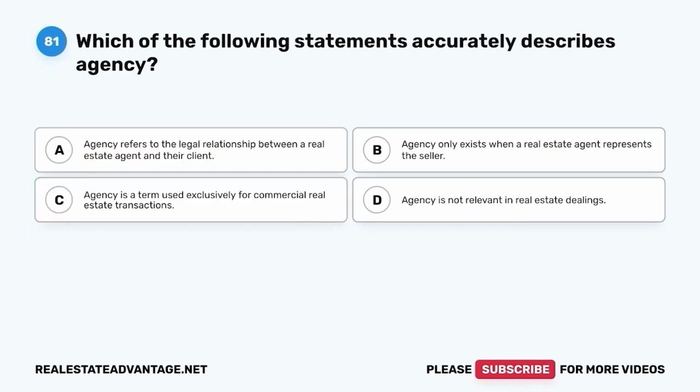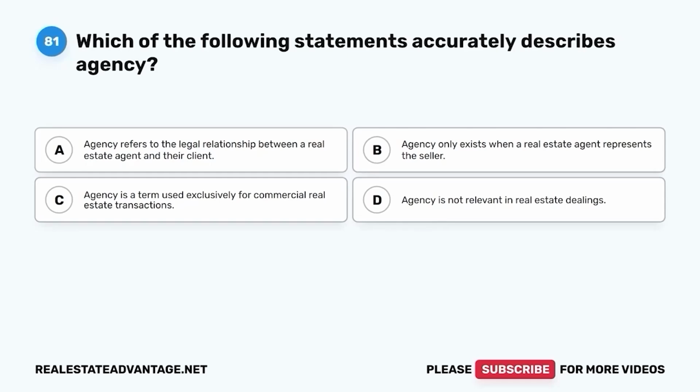Question 81. Which of the following statements accurately describes agency? A. Agency refers to the legal relationship between a real estate agent and their client. B. Agency only exists when a real estate agent represents the seller. C. Agency is a term used exclusively for commercial real estate transactions.